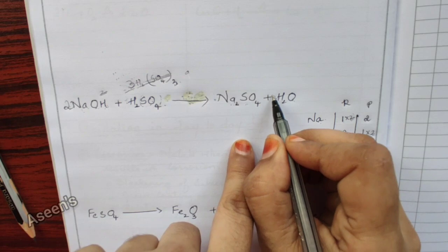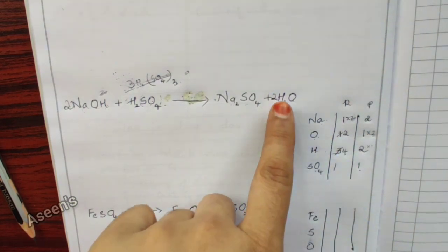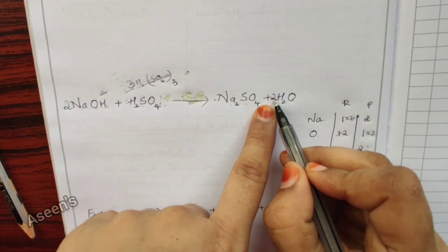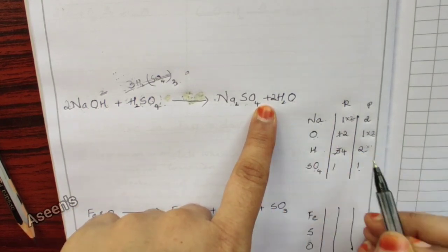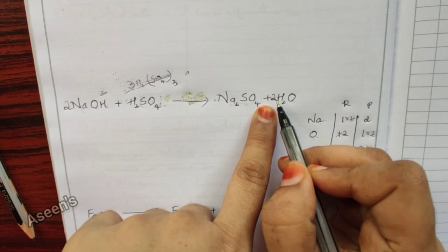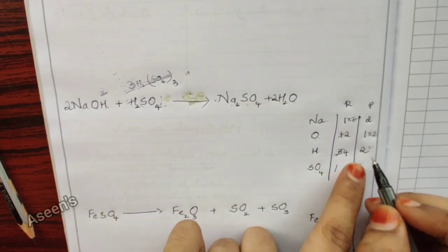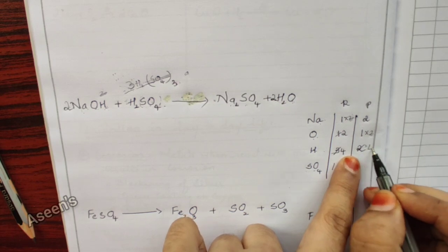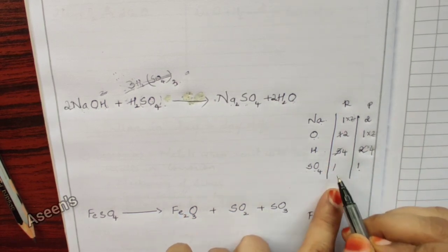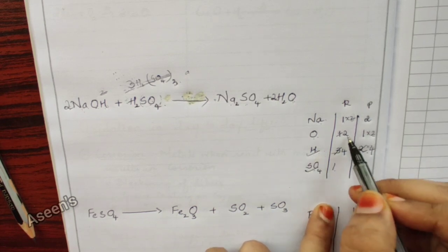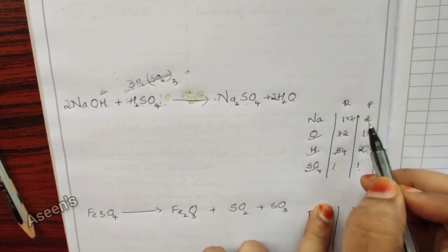Where should I put this? Before the given compound. Now, because of this 2, what has happened? My oxygen has been balanced. See my hydrogen now. 2 2s are 4. So instead of 2, now this has become 4. Now if you see, this was balanced. Hydrogen has become 4 4. Oxygen 2 2.